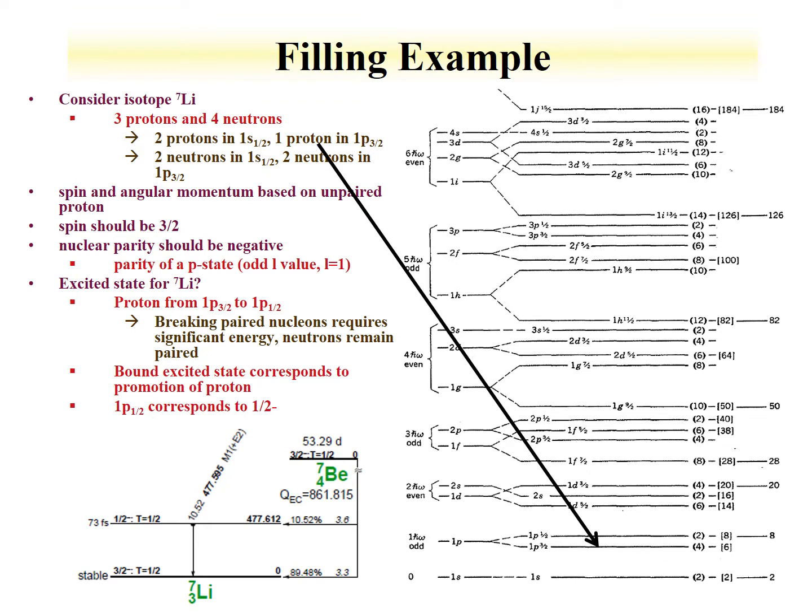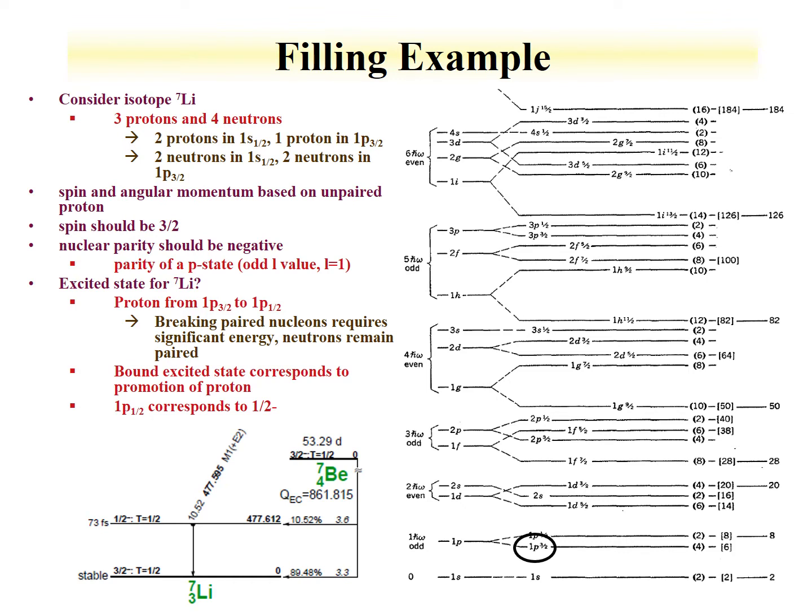So the spin and parity are based upon this unpaired proton. The spin, if it's 1p3/2, the spin should be 3/2. The parity is based upon the p state. It has an L value of 1, so the parity is odd, so the parity is negative. And as we see, lithium-7 is 3/2 minus, as predicted from the shell model.